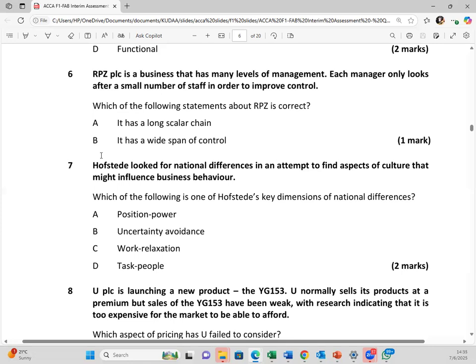So please take note of those additional notes that I'm giving, because they pertain to crucial areas, and these are areas that are commonly asked. So which of the following statements about RPZ is correct?